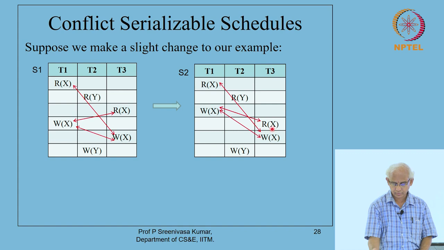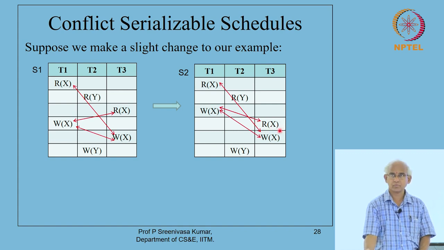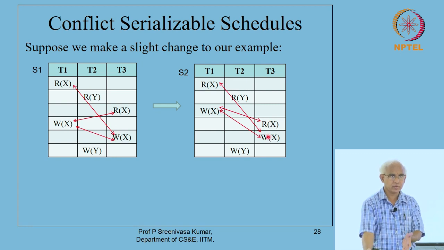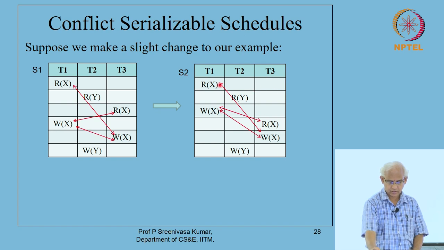The same conflicting pairs of operations are occurring, but you can immediately see, I suppose if you are following me, that this particular schedule in which I have Rx, Ry, Wx, Rx, Wx, Wy is conflict equivalent to a schedule in which operations of T1 come before the operations of T3.